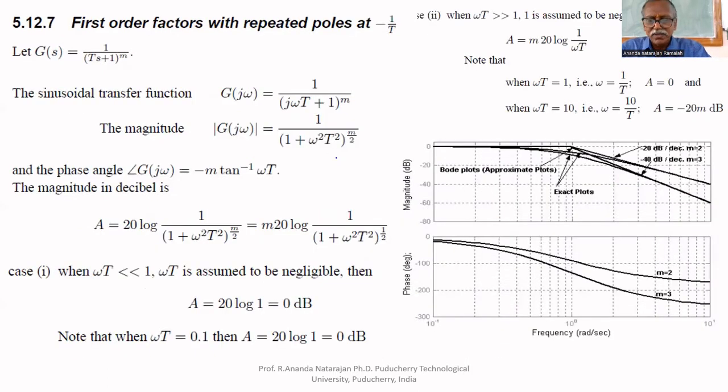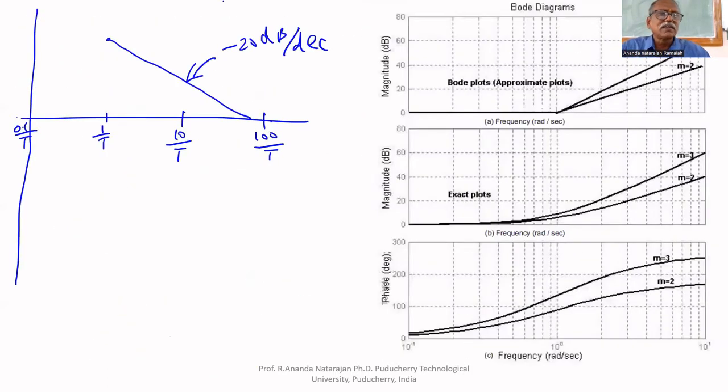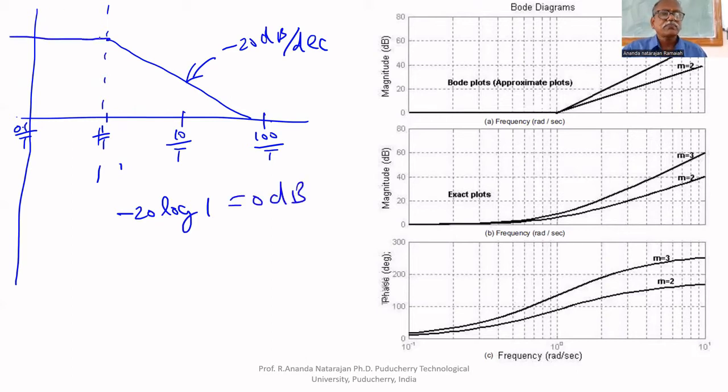In that category, on the left side of this point, you will get 0 because the magnitude is minus 20 log 1. Therefore, you will get 0 dB.